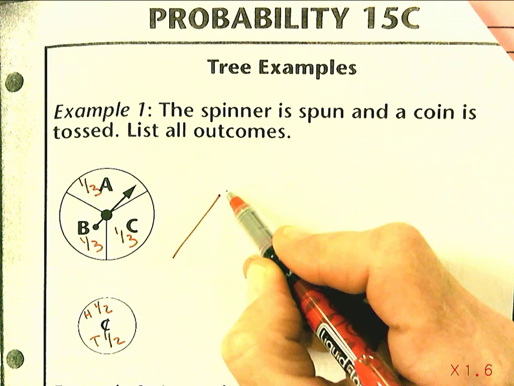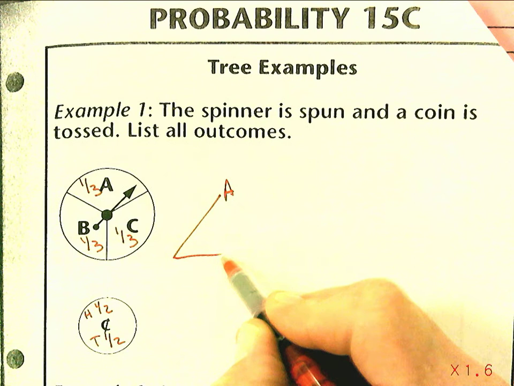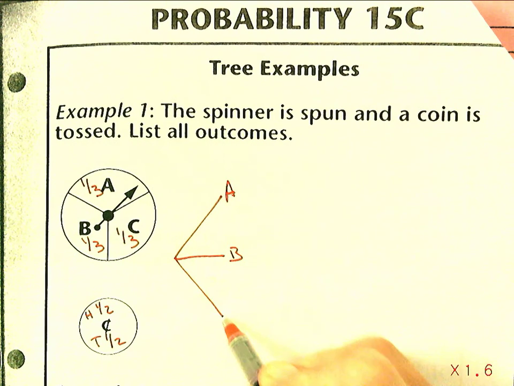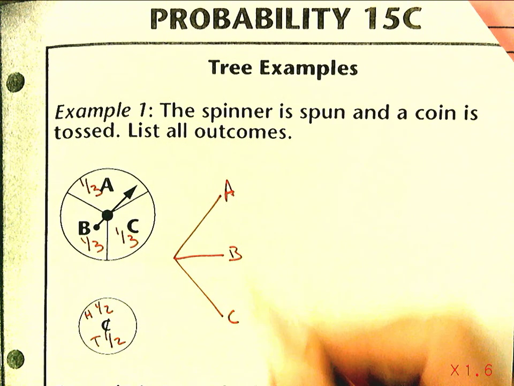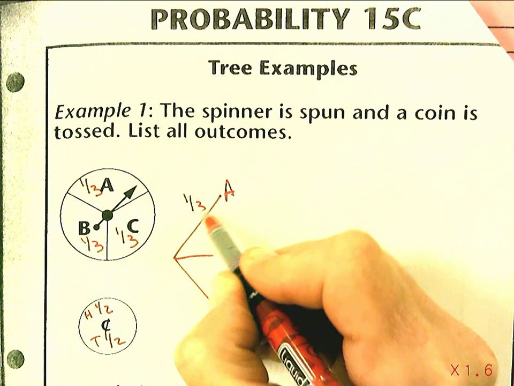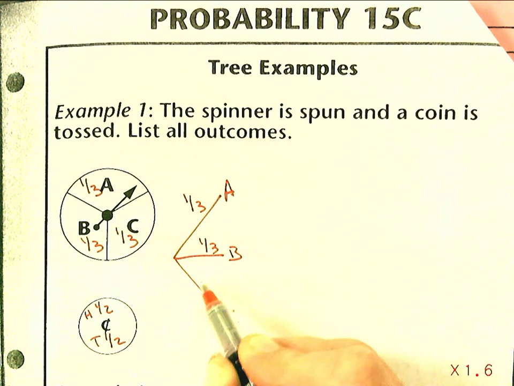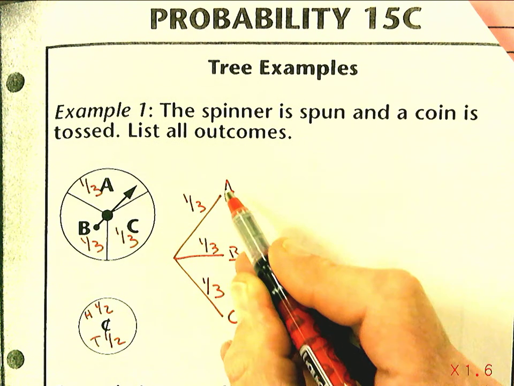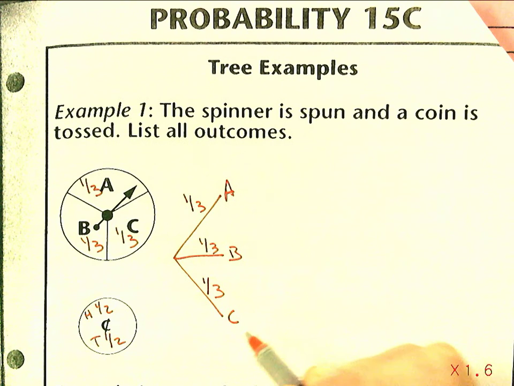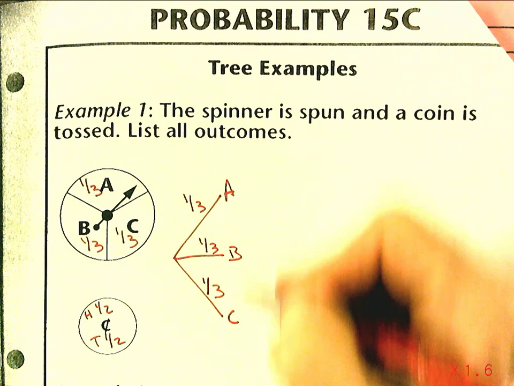So if you spun the spinner, you could spin an A, a B, or a C. There's 3 outcomes, and each of those outcomes again has the same probability of happening: 1 in 3 of getting A, a 1 in 3 of getting B, and a 1 in 3 of getting C. And so that's your first event right there.